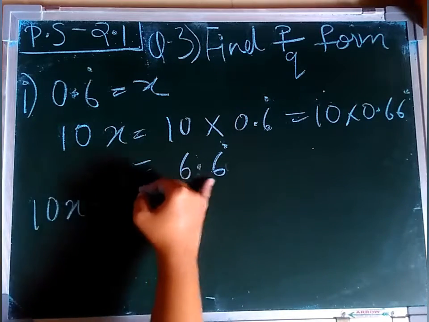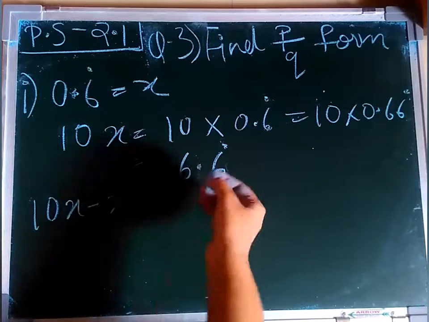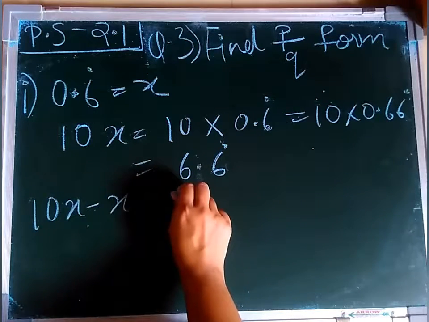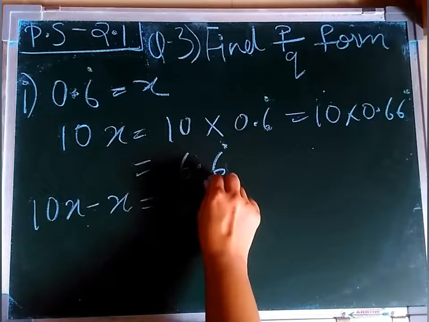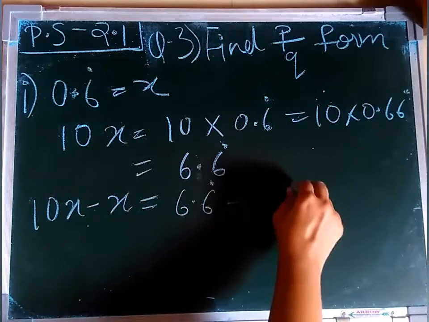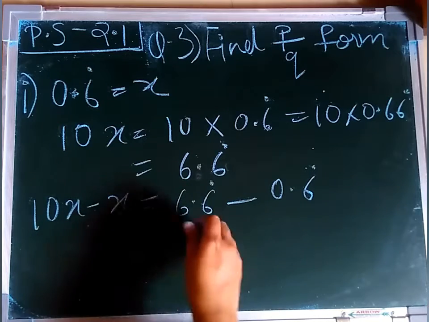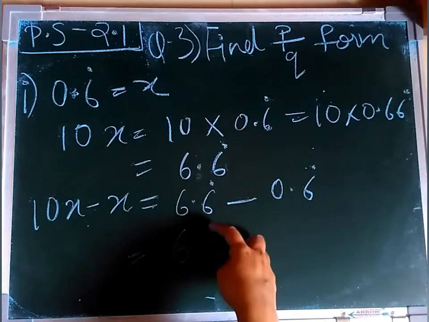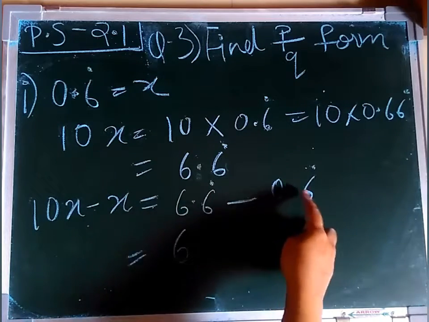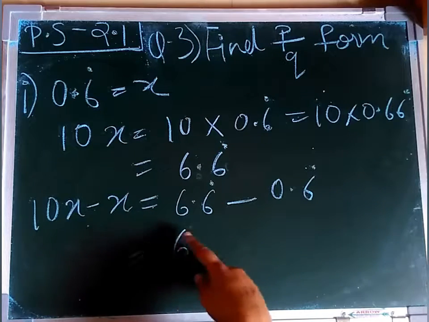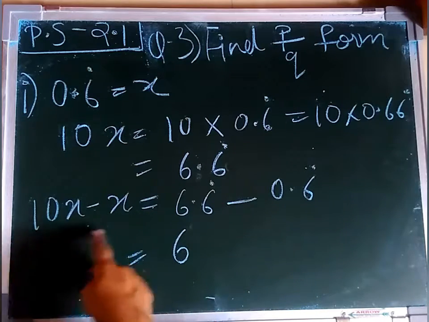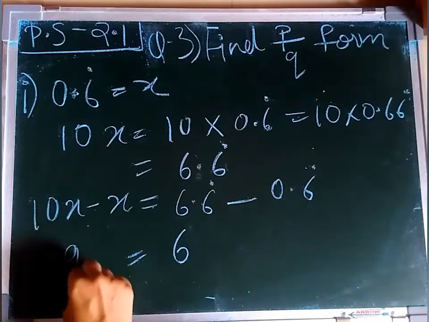So now I can write. To get rid of this decimal part, 10x minus x will be equal to 6.6 recurring minus 0.6 recurring. Okay, now this will give me 6 because I have subtracted the 0.6 recurring part from 6 point this. So I have 6 with me. And 10x minus x is 9x.